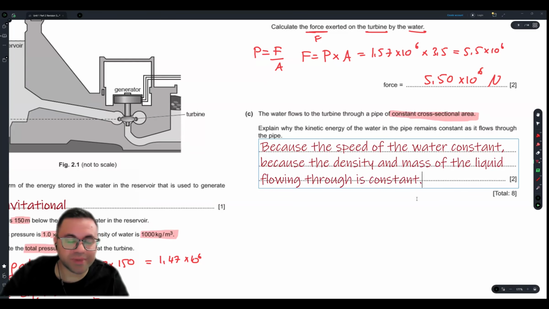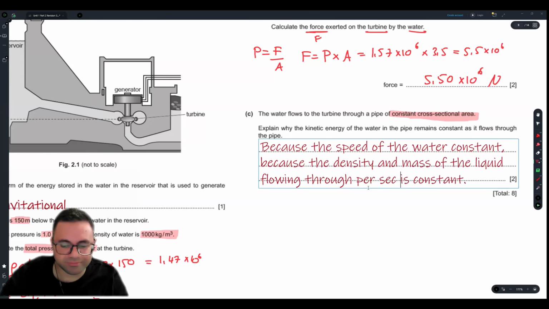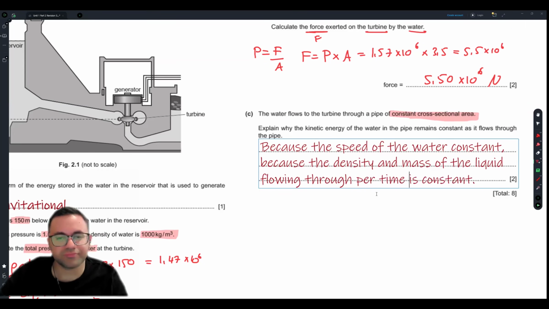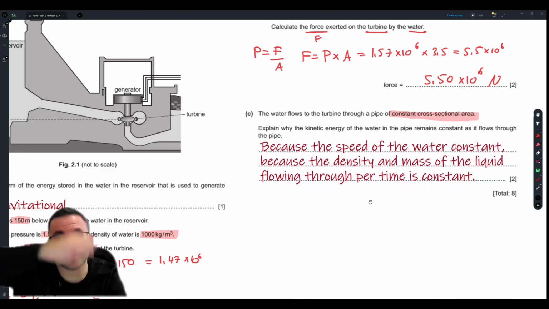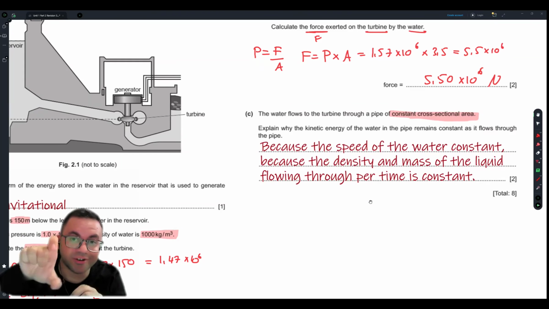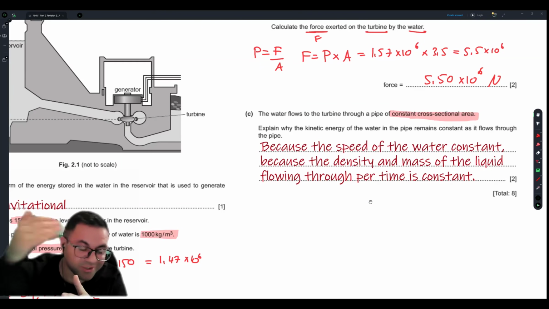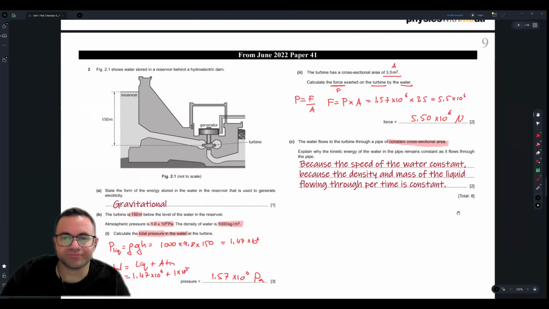Like the amount of mass that passes through per second or per unit time is constant, which means the water doesn't get compressed, it can't get compressed anyway. So if the area is constant and the density is constant and therefore the amount of mass that goes through is constant, so the speed has to stay constant. Very good.